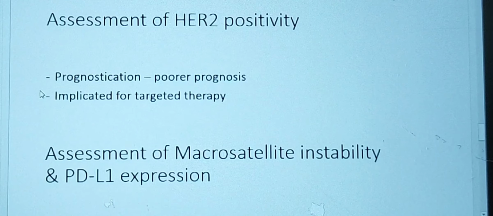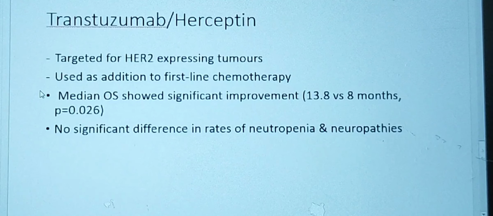If patients are HER2 positive, they recommend the usage of trastuzumab or Herceptin. In Malaysia, we use Herceptin for breast carcinoma and gastric carcinoma. In KKM, we use it for breast CAs, but we don't use it for gastric CAs.